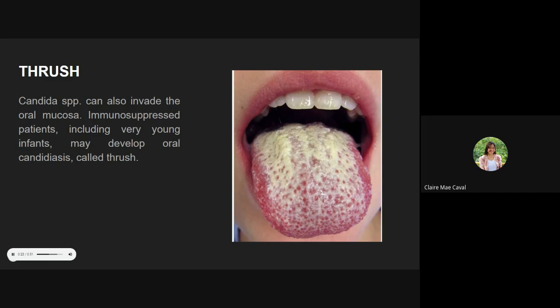This is a common finding in patients with acquired immunodeficiency syndrome. Thrush can extend to produce pharyngitis, and it is suspected if whitish patches of exudate on the area of inflammation are observed on the buccal cheek or the tongue as well as the oropharynx. Again, it can extend to pharyngitis or esophagitis.